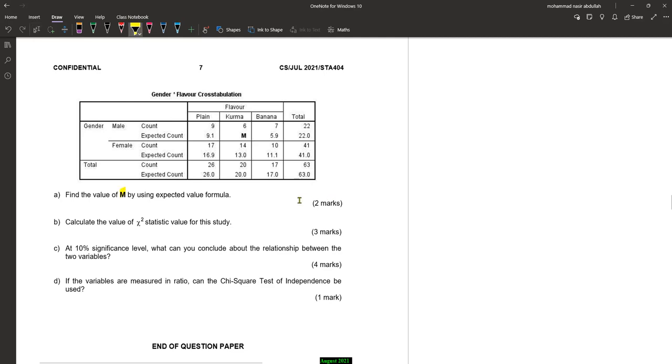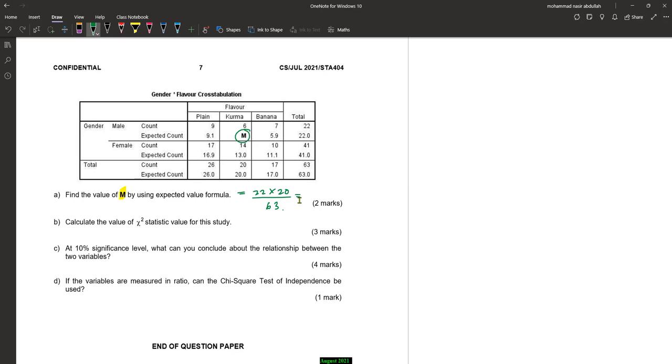A, find the value of M using the expected formula. So we want to find the expected value. Expected value is row total multiplied by column total, divided by grand total. So this one should be 22 multiplied by 20 divided by 63.